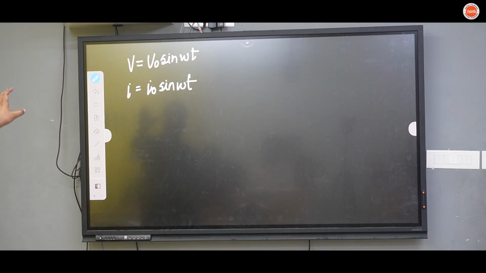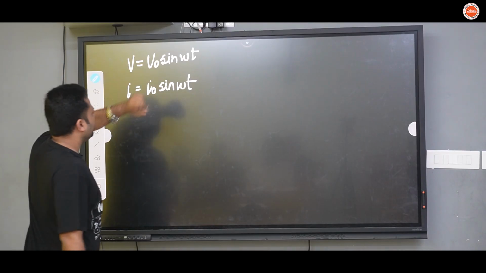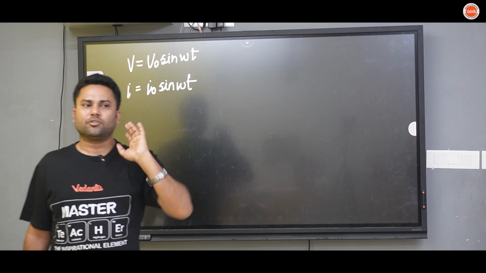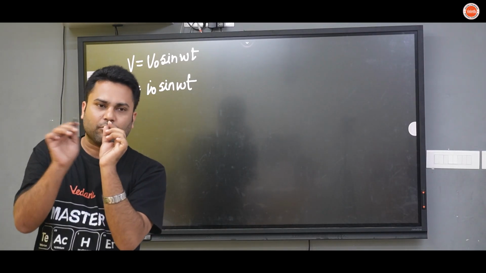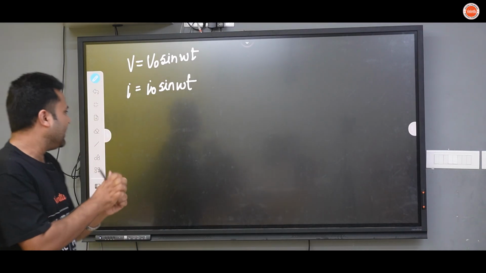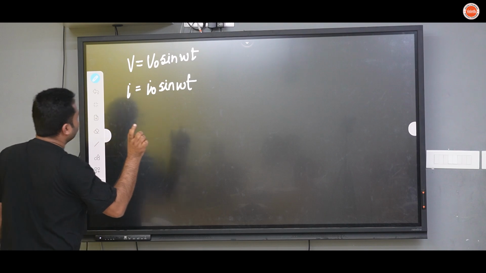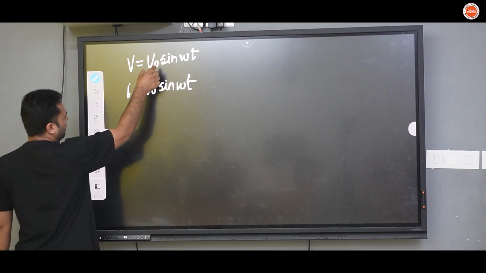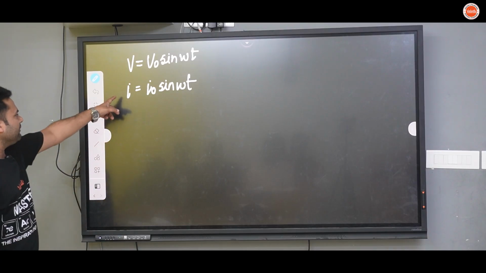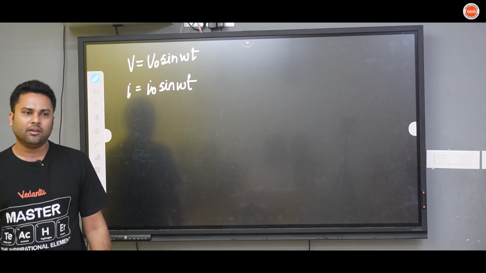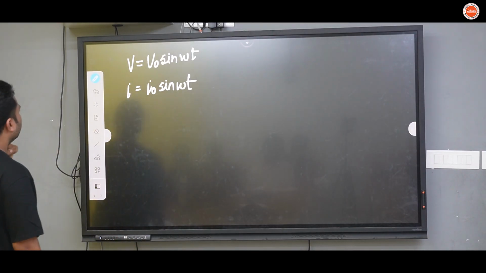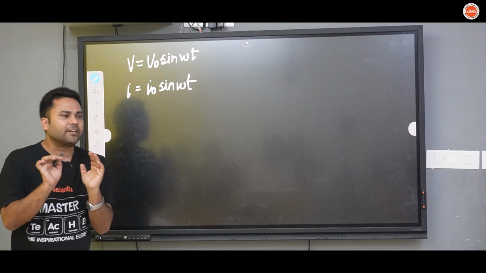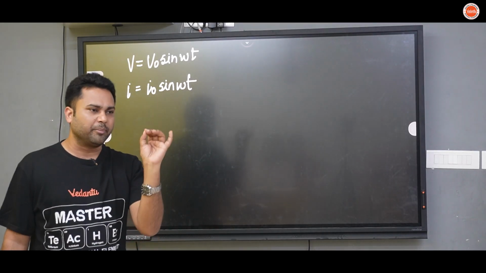You have to represent voltage as a vector and current as a vector. For a vector, you draw a line and one arrow is there. The length, the magnitude of this line will represent the peak value, that is V0, maximum value. What is the maximum value of voltage? V0. What is the maximum value of current? I0.